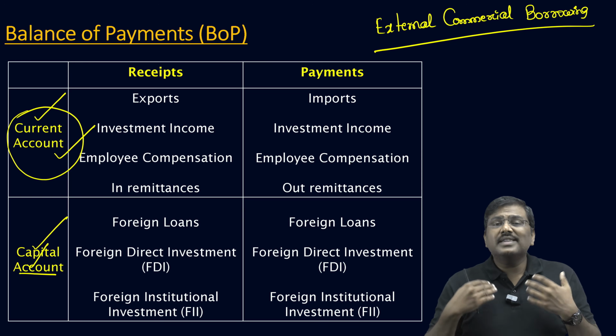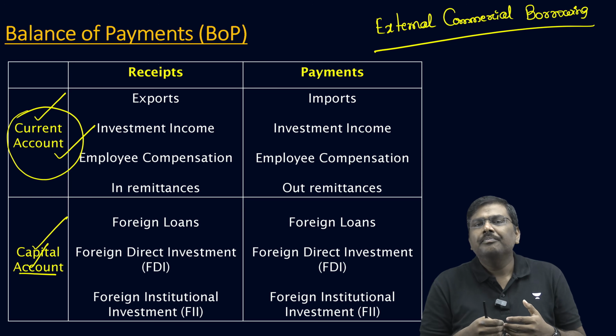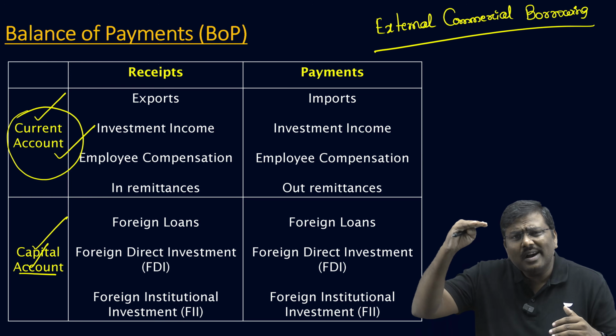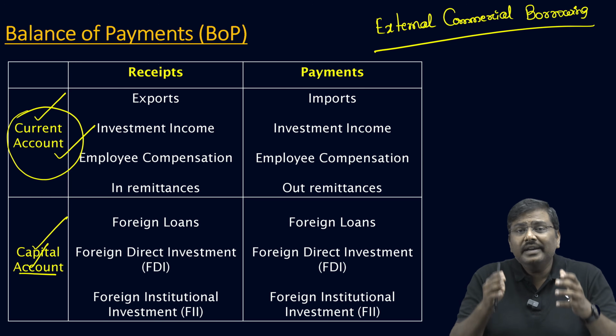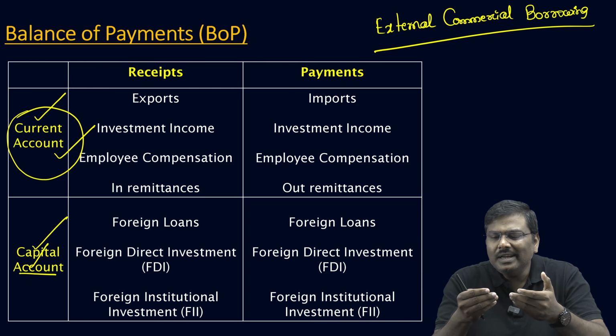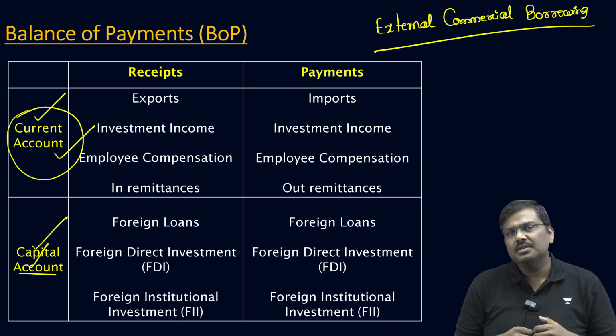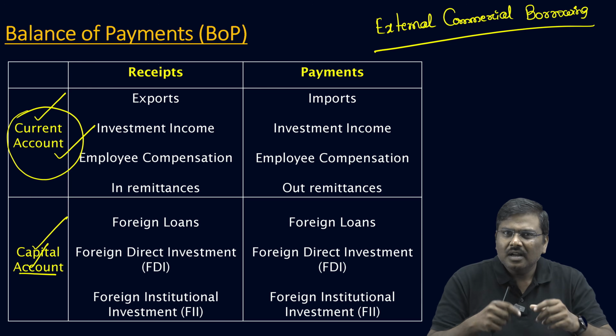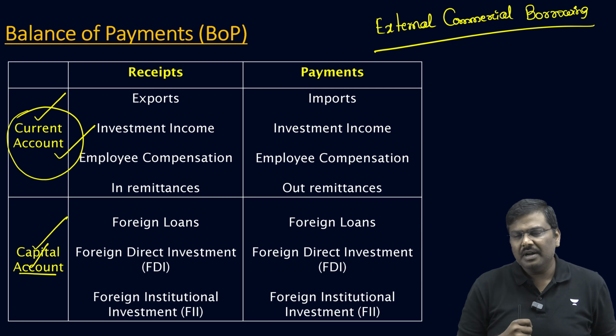The remittances accepted by India in the last couple of years have crossed more than $100 billion. India is a leading country according to the World Bank report in receiving inward remittances. So, a lot of these current affairs are connected to the concept of balance of payment.